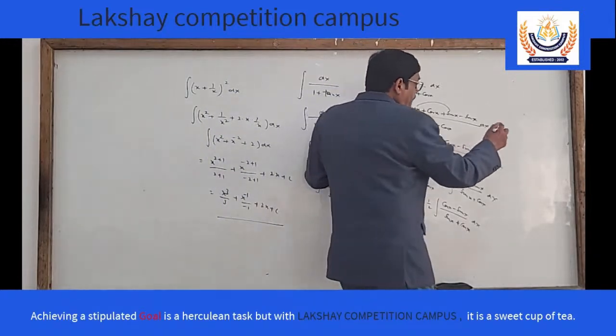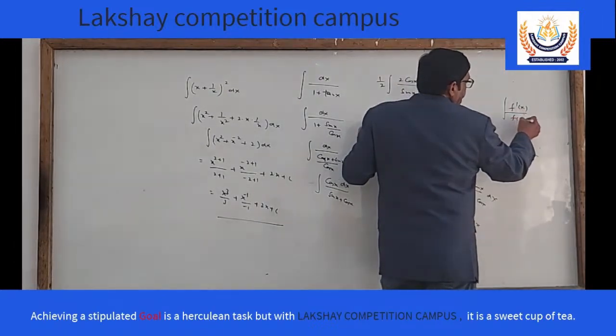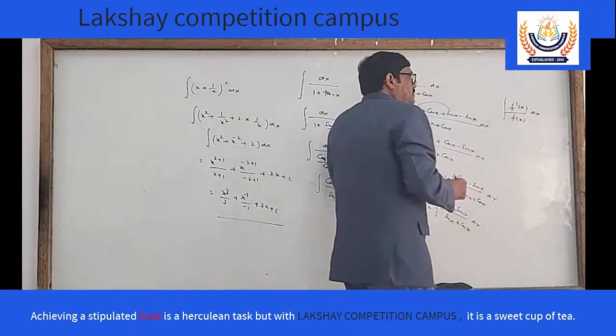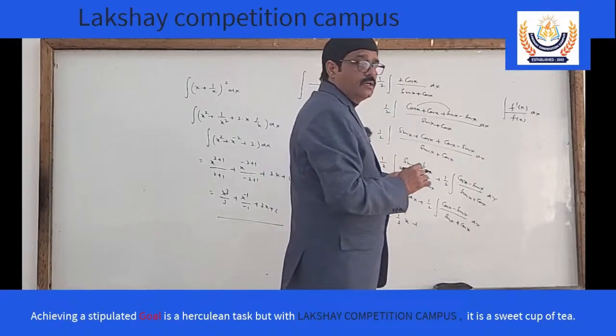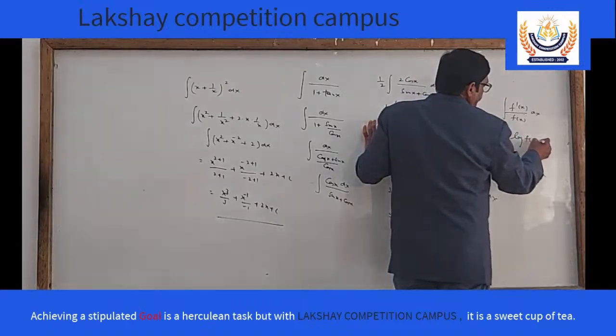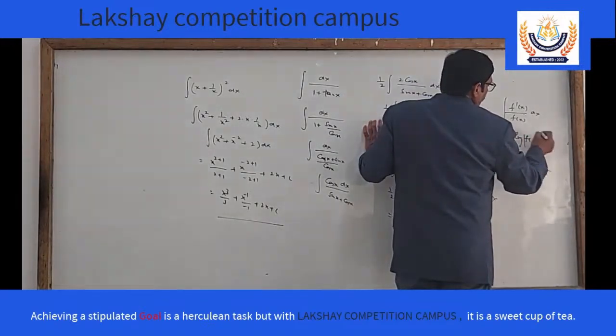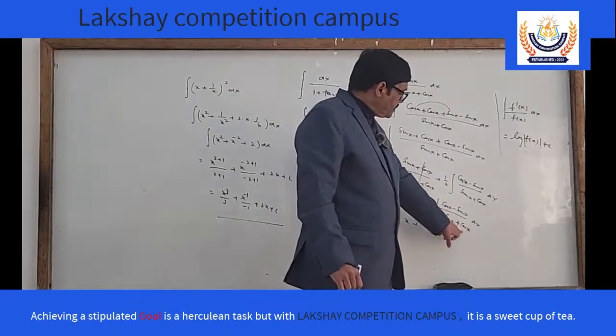There is a very important property: if there is a function of the form f dash x by f x, then the integration is log f x. So here you see sin x plus cos x.